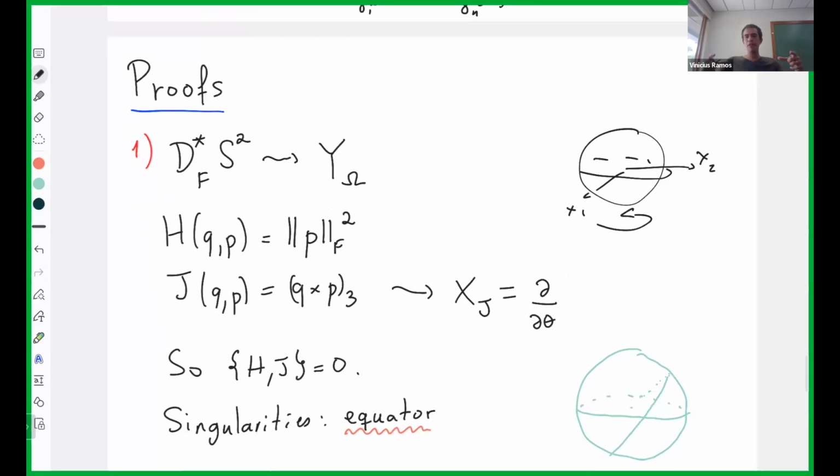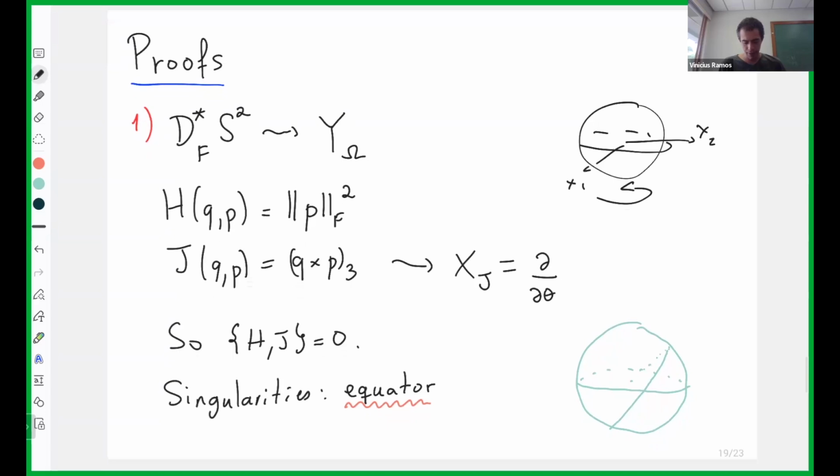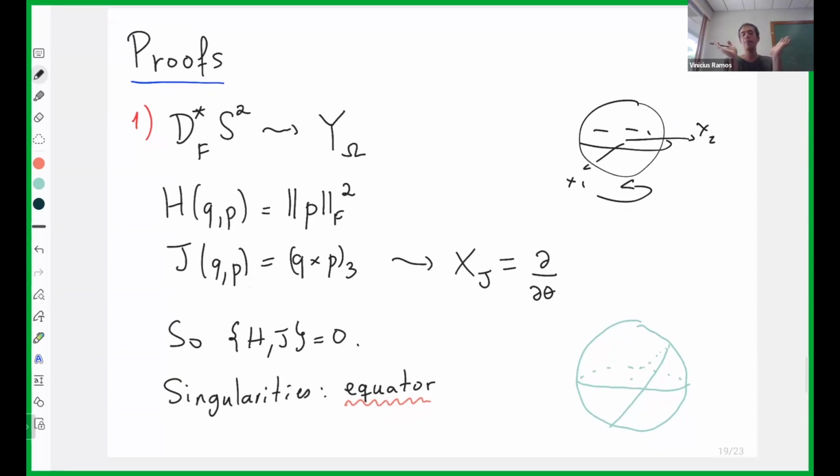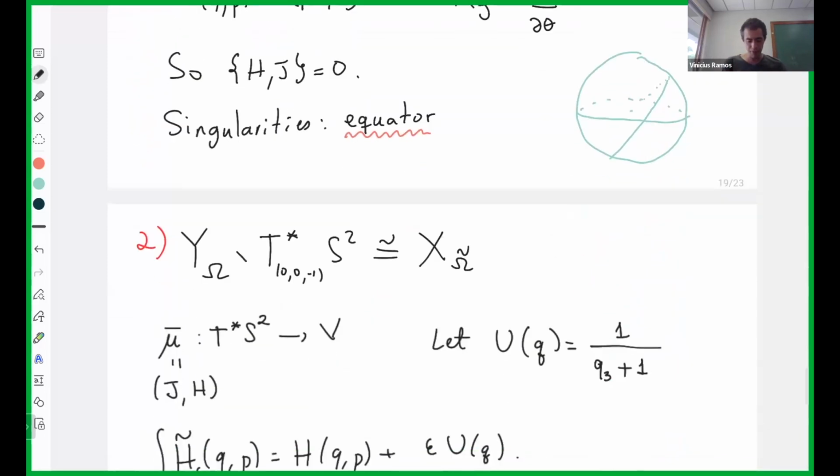So you get the equator once, and you get the equator going back. And those will correspond to the points where we have to be on the boundary of that cone. Okay, so that's the first part of the proof.